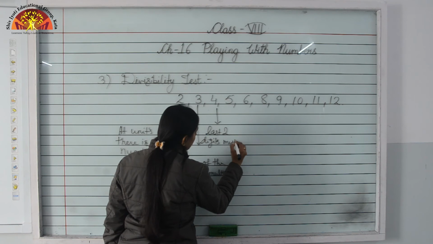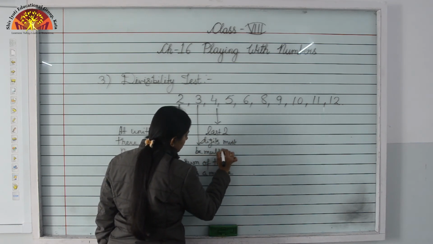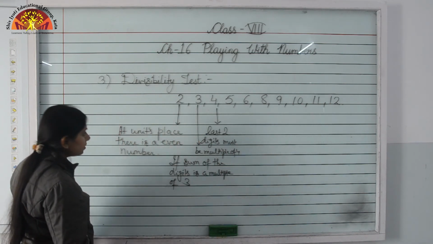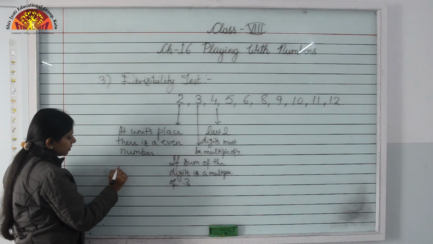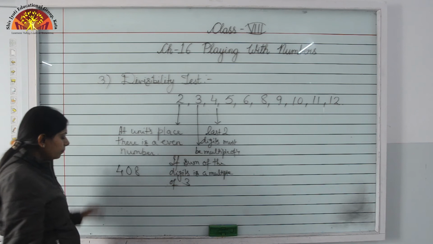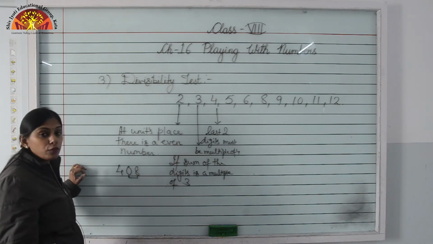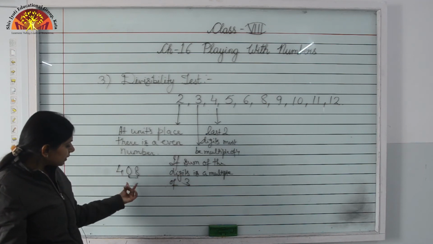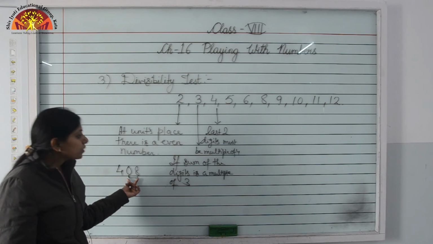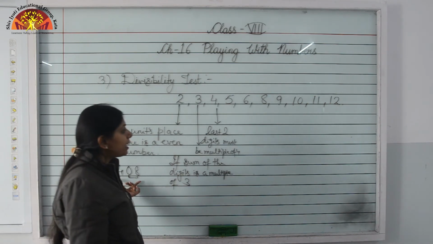We can take any example. Suppose I take the number 408. I will see whether the last 2 digits are divisible by 4 or not. You can see, children, that the last two digits, that is 08, are divisible by 4. So the number 408 is divisible by 4.